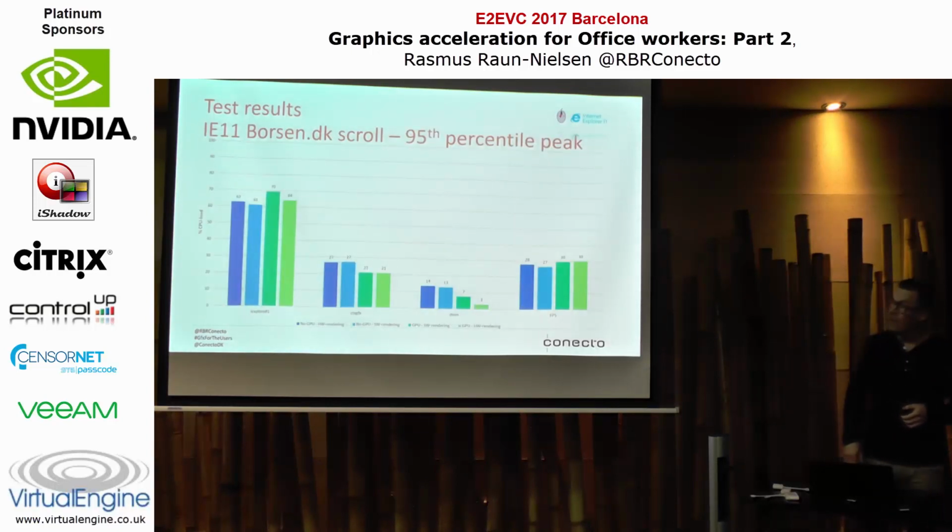Summarizing, a spike again or a rise of the Internet Explorer process when having a GPU, but that is compensated for by the other processes. So altogether it's still a positive offload of the CPU, sorry.